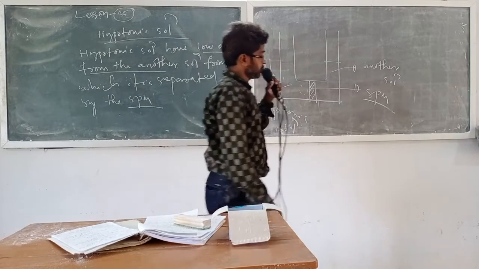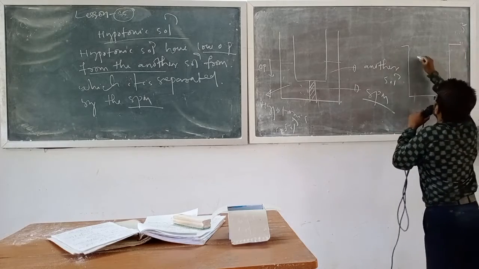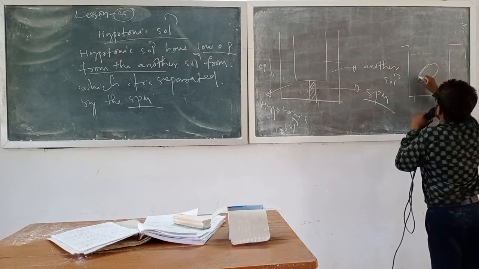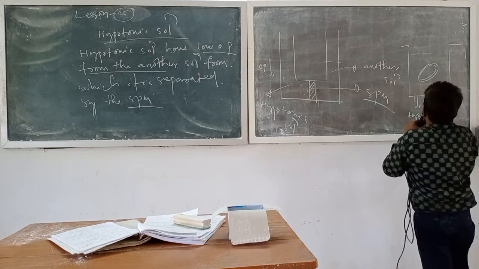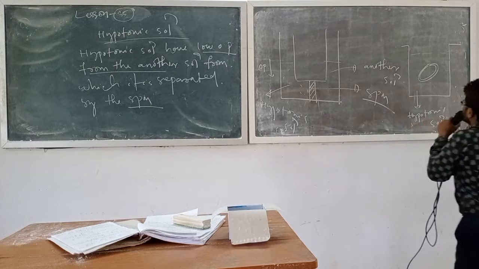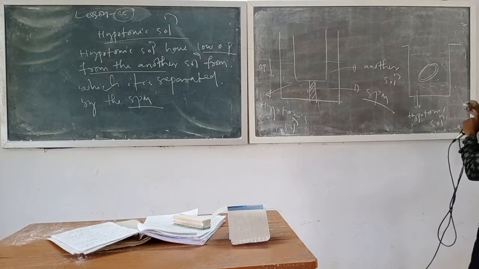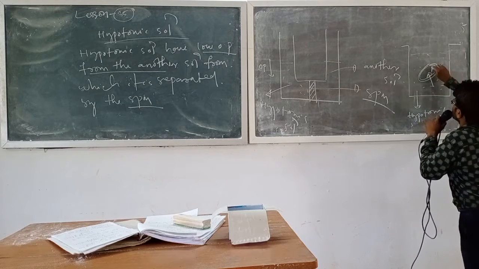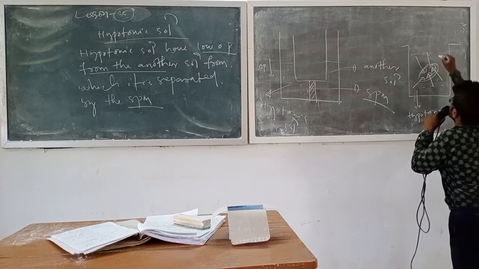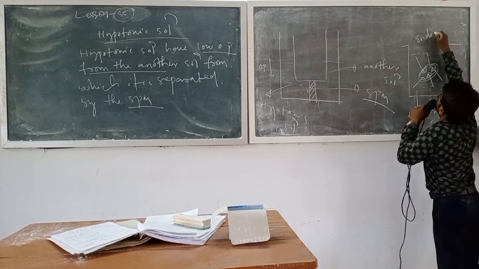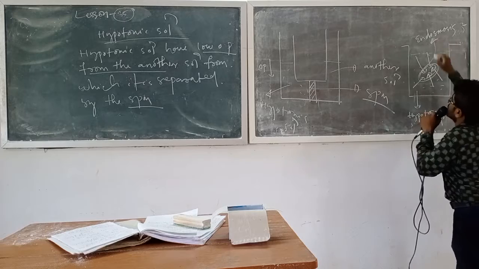So if I put a cell into the hypotonic solution, then the water from the hypotonic solution will enter inside of the cell, and this process is called endosmosis.